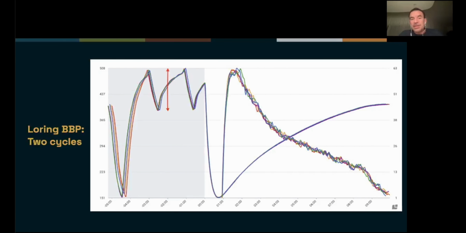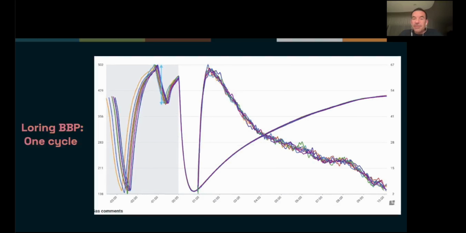My recommendation with the Loring is set the min and max about 50 degrees Celsius or about 90-something degrees Fahrenheit apart. And if you want uber consistency, run 2 cycles up and down, and then charge on the next rise. If you want a little bit more efficiency and are willing to sacrifice a smidge of consistency, you could use just 1 cycle.